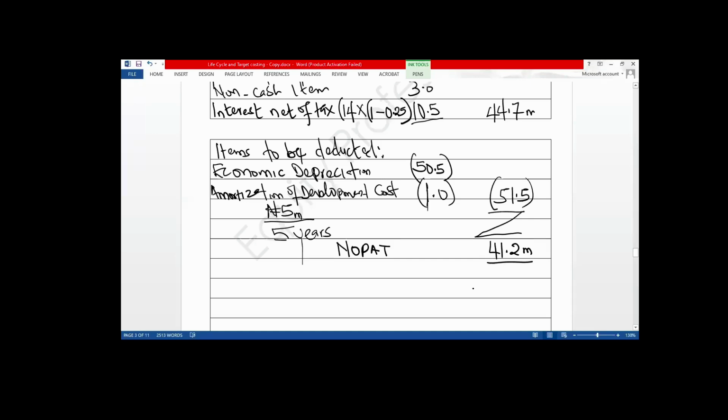When you are done with working 1, you move to working 2. Calculation of adjusted capital employed.